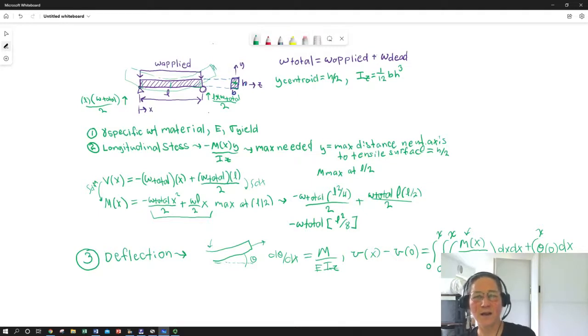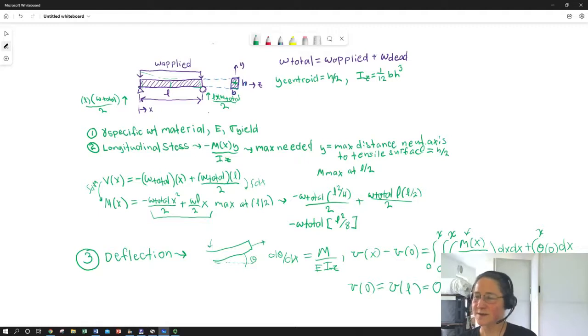So we may not know what theta is doing at those endpoints, but we do know that our little v at 0 and at L equals 0.